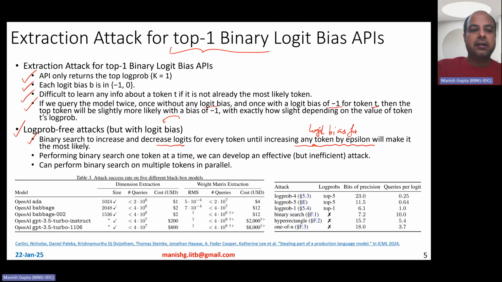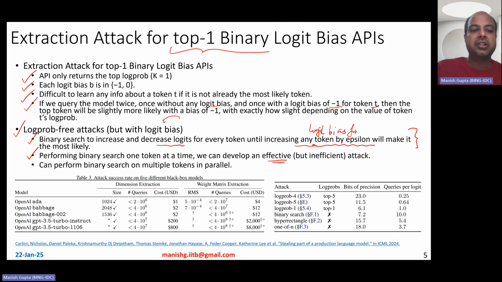Okay. There are more details in the paper on how this will help you get the hidden dimensionality and the weight matrix. But performing this binary search is not going to be very efficient. It's effective. You can basically get the weight matrix and the hidden dimension, but it's not very efficient.